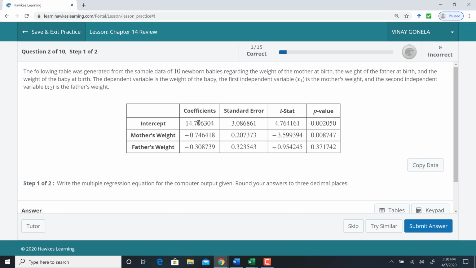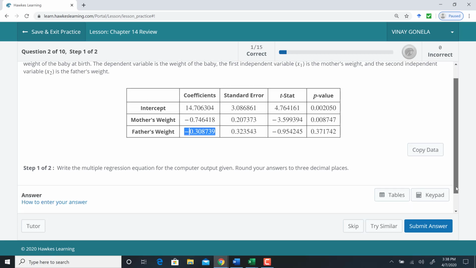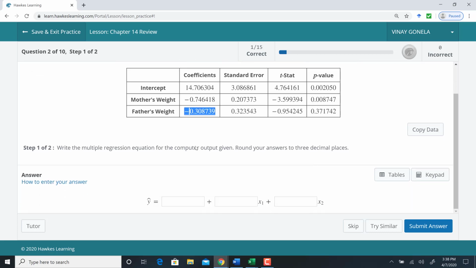So again, if you want to write the regression equation, this is our intercept, this is our coefficient, and this is the coefficient for variable 2. So y hat, that would be child's weight, that will be equivalent to your intercept plus mother's weight.